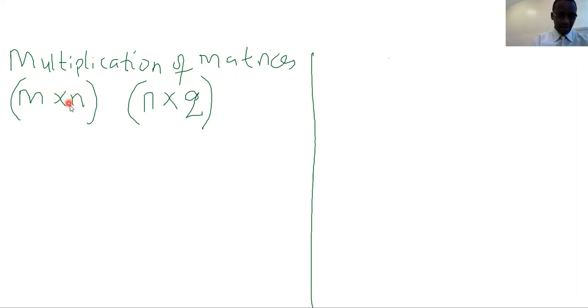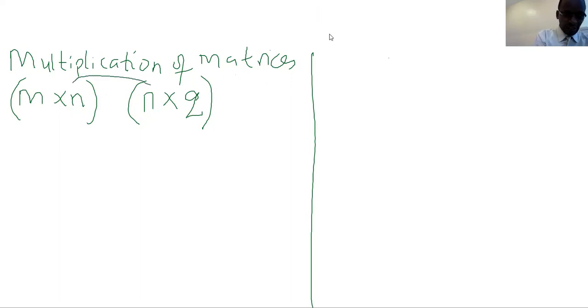The number of columns here are n, and the number of rows in the second matrix are also n. So if the number of columns in the first matrix is equal to the number of rows in the second matrix, then those matrices are compatible for multiplication.